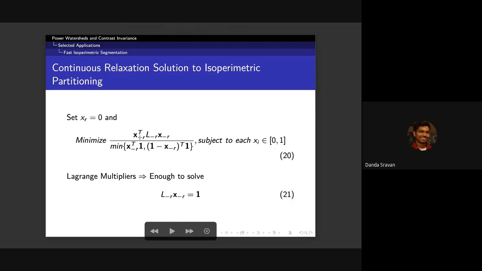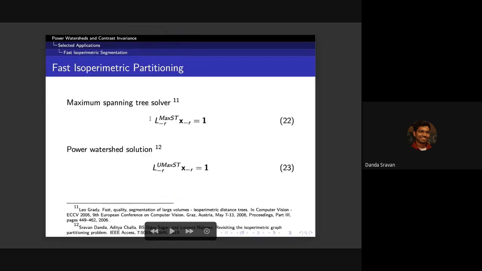But essentially, solving the continuous problem boils down to solving another set of linear equations. So this is the classic way people solve isoperimetric partitioning. In one of the articles that motivated us, the author says that it is enough to solve it on an arbitrary maximum spanning tree instead of using the whole image graph.